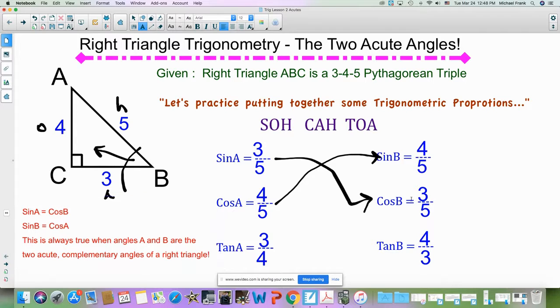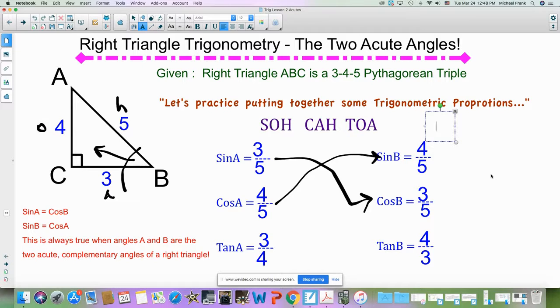Now, a little aside note that I didn't talk about too much in the lessons, and that is the relationship between the tan of A and tan of B. You might notice that the tan of A and the tan of B are reciprocals of each other. And one thing that always happens when you multiply reciprocals, say 3 over 4 times 4 over 3, is that you're always going to get a product of 1.